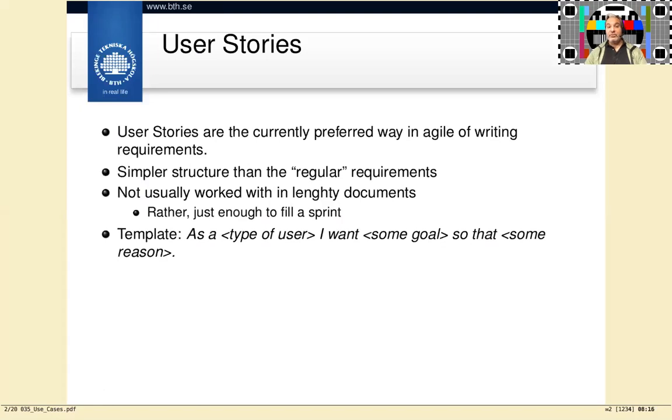Right, so user stories, they are a response to how regular requirements engineering and regular requirements documents can list pages upon pages upon requirements detailing the same thing to a very elaborate detail, because they are the basis for signing a contract and so on, so they have to be complete and binding and everything.